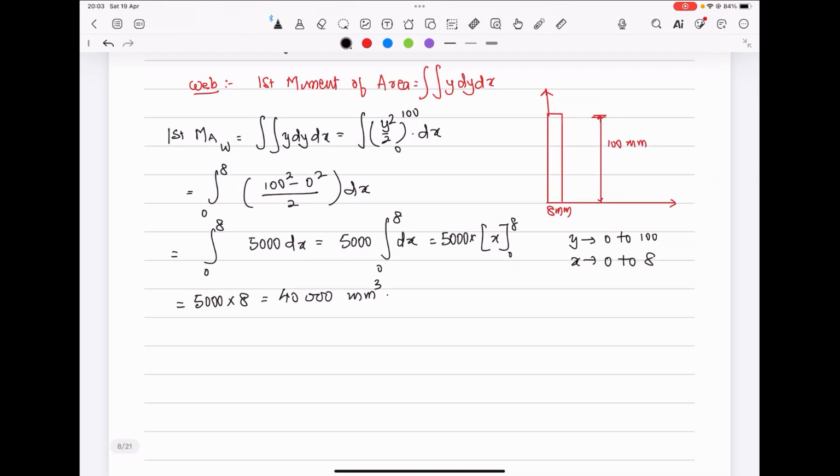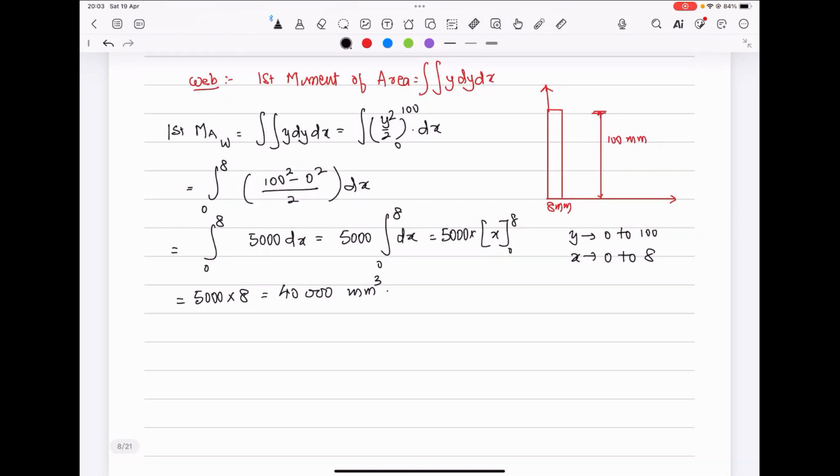Therefore, the total first moment of area of the T beam is equal to the first moment of area of the web plus the first moment of area of the flange.